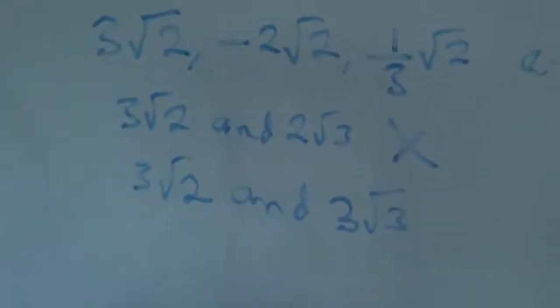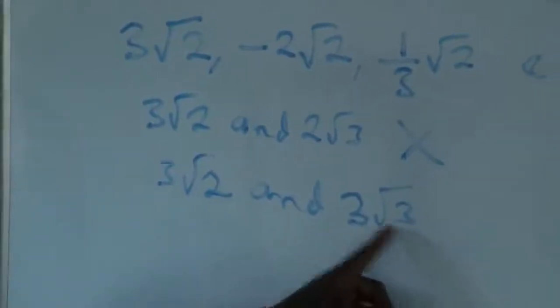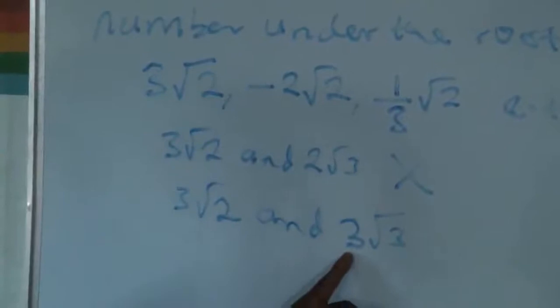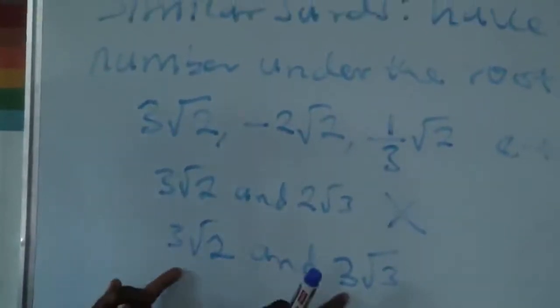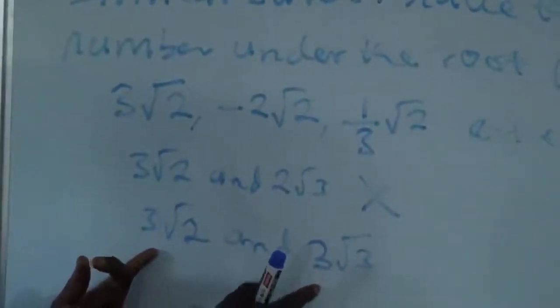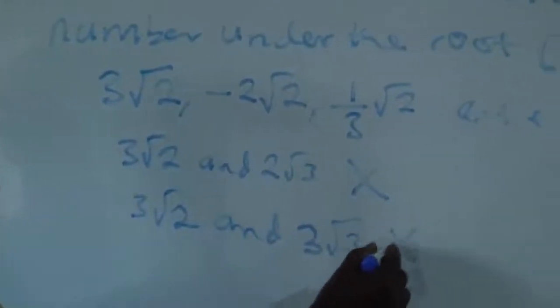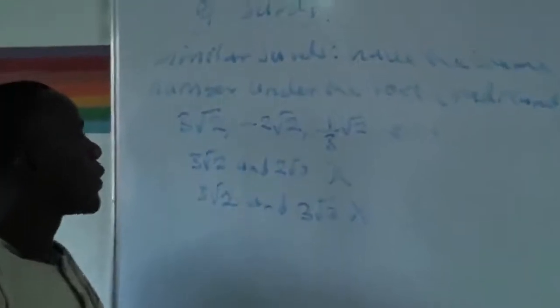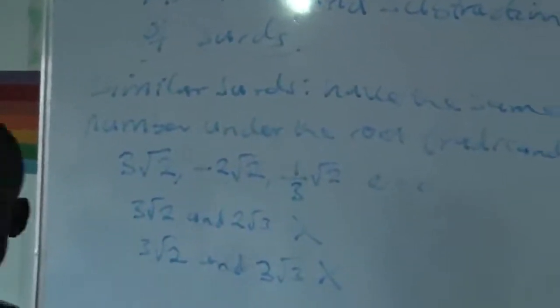Remember, we only consider the number under the root, but not the numbers before the root. So that you don't confuse yourself and say, since I have 3 and 3, then they are similar surds. No, they are not. So these ones are not similar surds. And as I said before, we can only add or subtract similar surds.